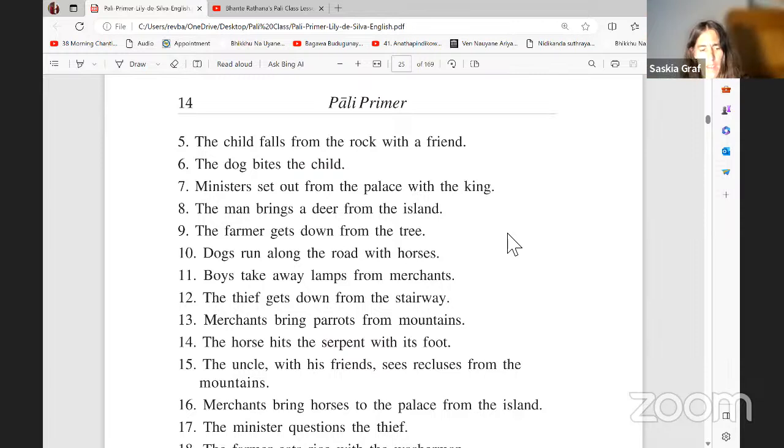And why is the instrumental used and not the accusative? I say like here with horses, right? As with horses, when we say with, this means instrumental.